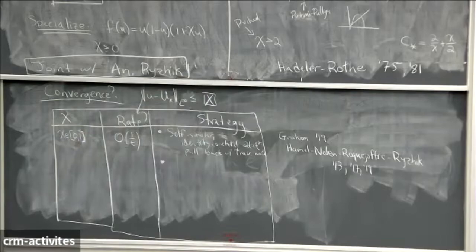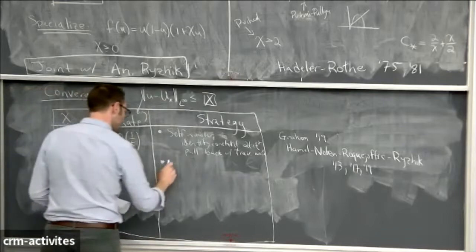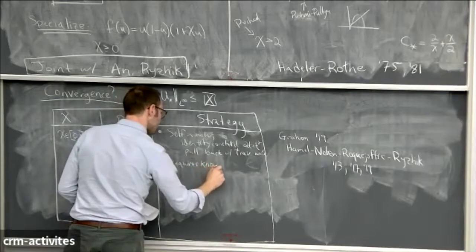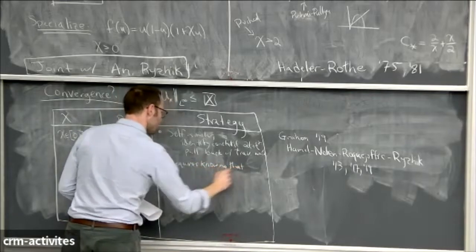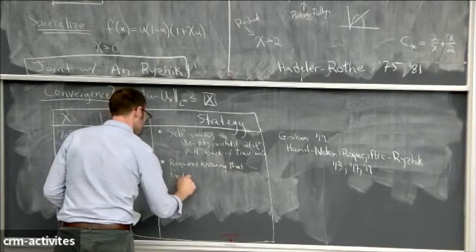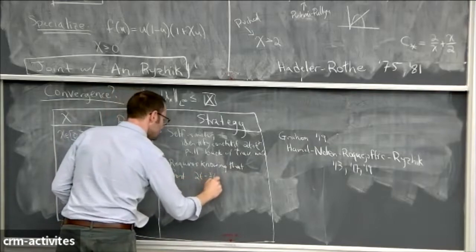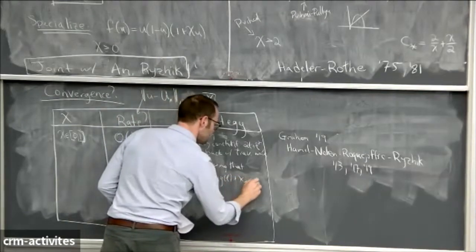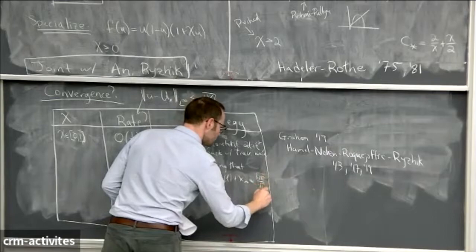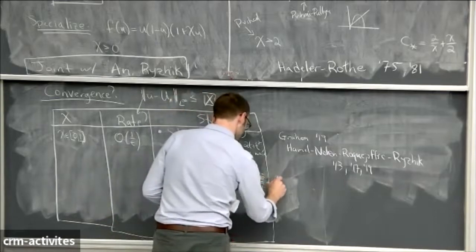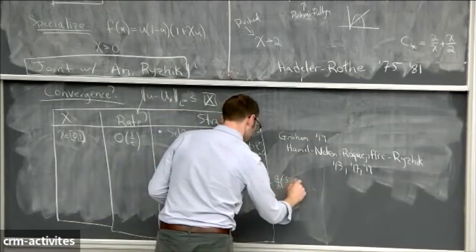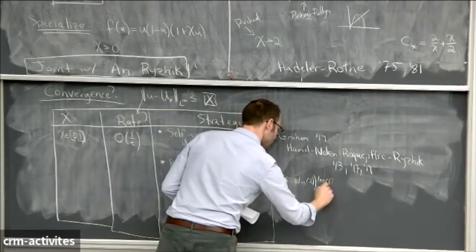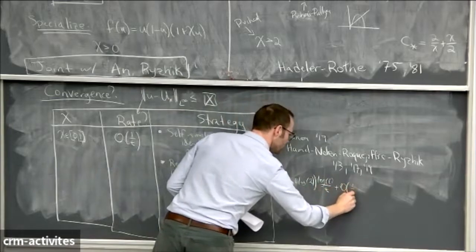Okay. So what you need to know requires knowing that the front is at 2t minus 3/2 log t plus x infinity minus 3 root pi over root t plus 9/8 5 minus 6 log 2 log t over t plus O of 1 over t.